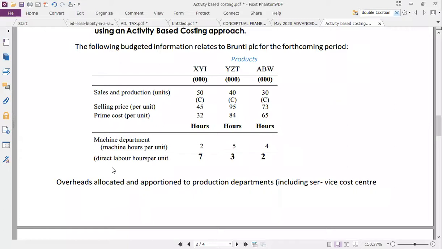Now the next item on the list is the prime cost. So they've done the prime cost already, which includes material, labor, and direct expense. Now you pick it and multiply by the production units. So that will be 50 by 30, and that will give us 1,600, right?